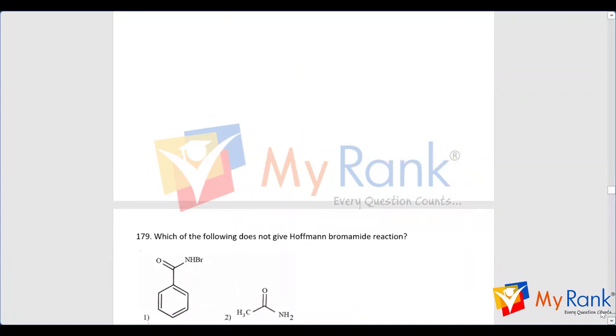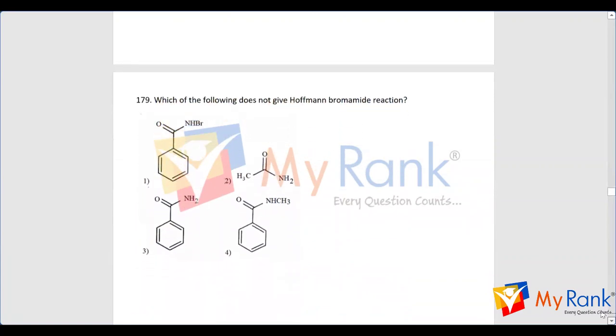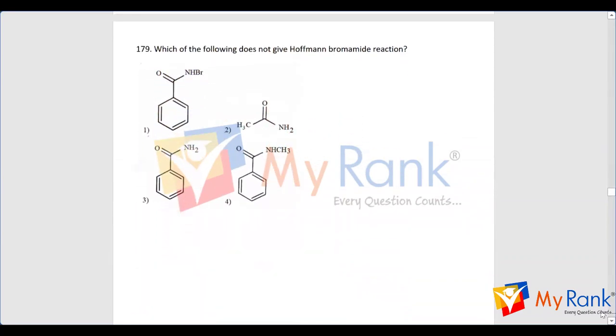Next one is question number 179. Which of the following does not give Hofmann bromamide reaction? So this reaction is clear.